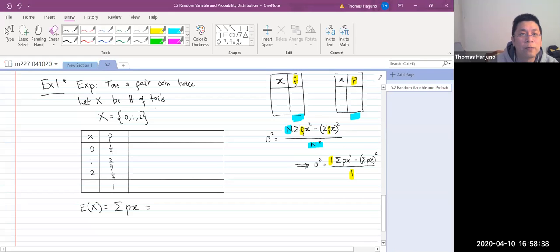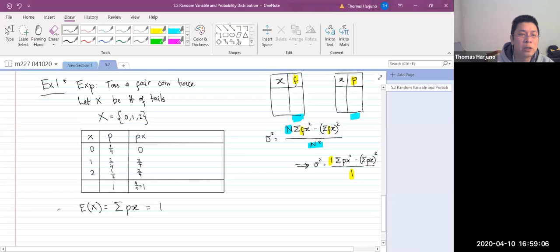Basically, we do the first extension, px: 0 times 1/4 is 0, 1 times 2/4 is 2/4, 2 times 1/4 is 2/4. When I add them, I get 4 over 4, which is 1. So the expected value is 1.